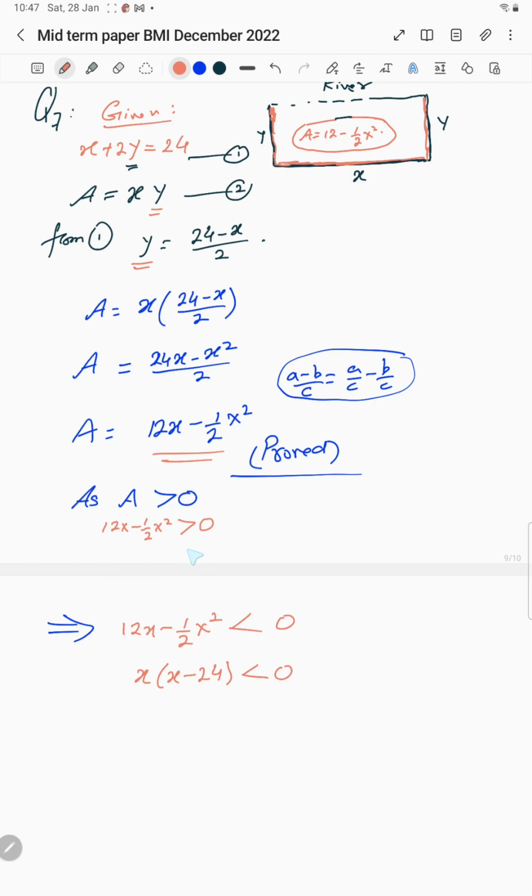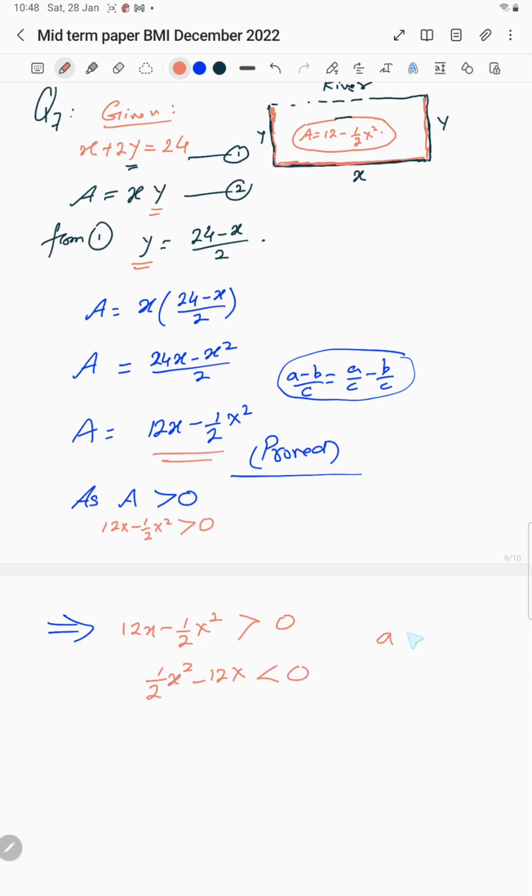Yes, you may ask why I changed this inequality. Let's see. Here, when you substitute this, 12x minus 1 by 2 x square is bigger than 0, because it is positive. So when you multiply the expression with a negative sign to make this x square positive, let me do the steps for you. Multiply by negative, it becomes positive 1 by 2 x square minus 12x. I'm shifting these to the other side, so this becomes less than 0.